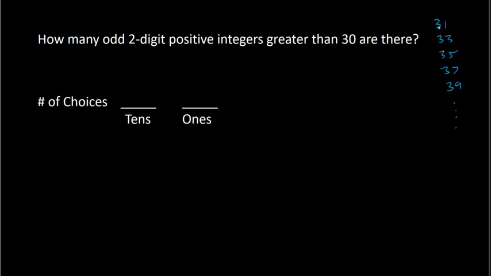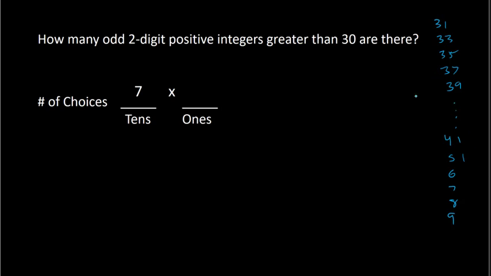Well, the tens place could be 30 something, 40 something, 50, 60, 70, 80, or 90 something. Each of those would fit the criteria. It'd be 2-digit, greater than 30, and we stop at 9 because after 99, we're going to get into 100s, which is 3 digits, but it needs to be 2-digit. So the tens place could be a 3, 4, 5, 6, 7, 8, or 9, which is 7 options.